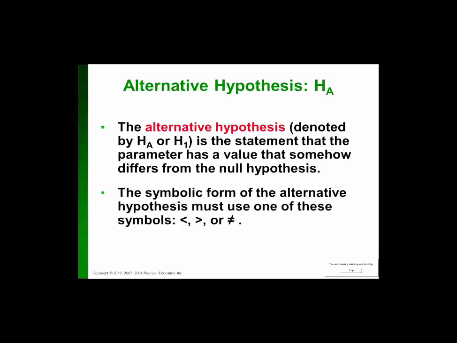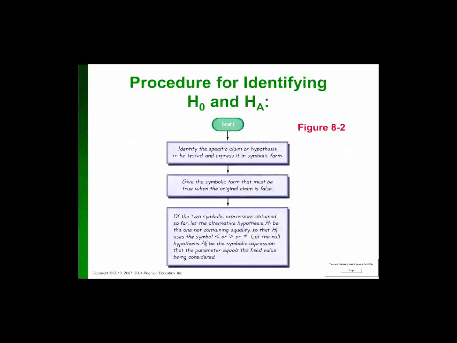All right, we're going to practice this. Let's go through this little flow chart and then practice identifying the null and the alternative hypotheses. First, you have to identify the specific claim or hypothesis to be tested and express it in symbolic form.